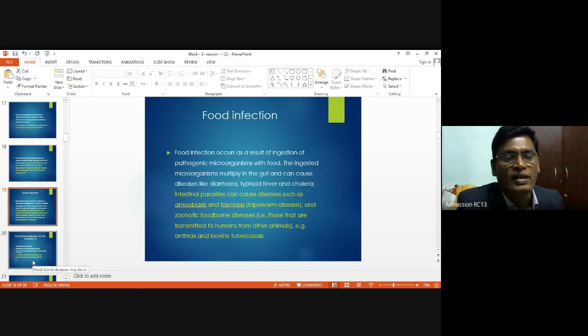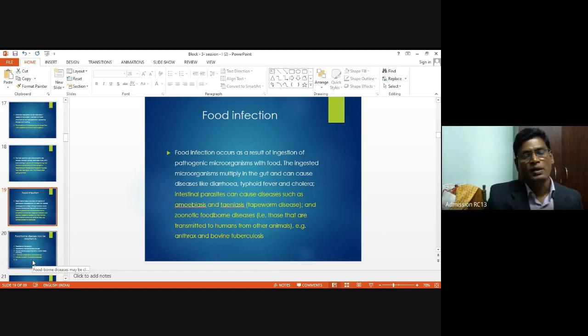Food infection occurs as a result of ingestion of pathogenic microorganisms with the food. Sometimes food poisoning is caused by pathogenic microorganisms present in the food. The ingested microorganisms multiply in the gut and can cause diseases like typhoid fever and cholera.